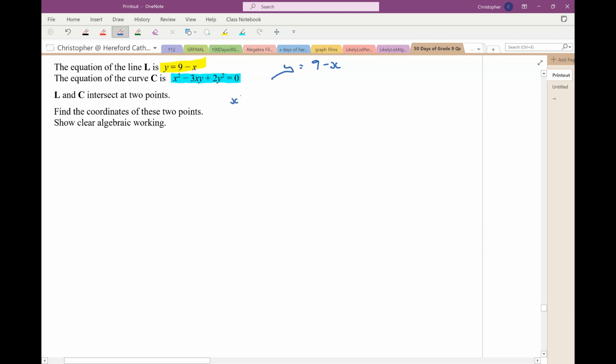So I'm going to have x squared minus 3x times y, so 3x times 9 minus x, plus twice y squared, so twice 9 minus x squared, and that equals 0. So x squared minus 3x times 9, so that's 27x, minus minus is a plus 3x squared, plus 2, open a big bracket.